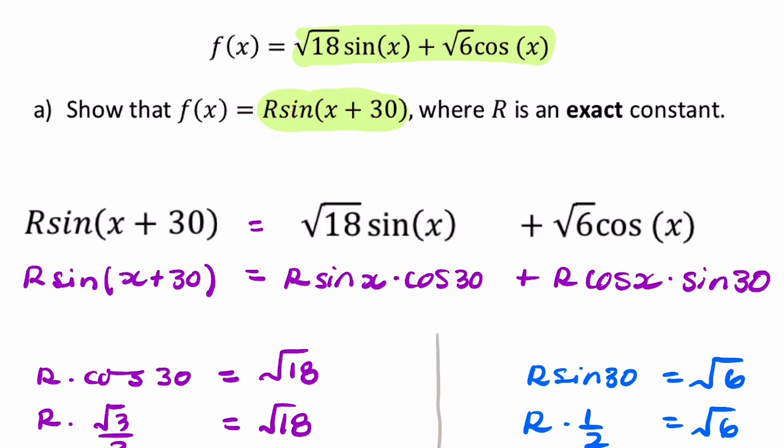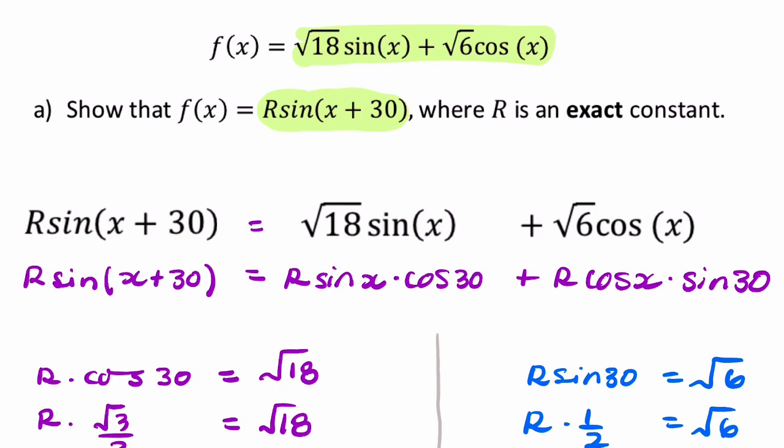So there's several ways of doing it. The long way, which is the safest way, is to write this using the sum formula, so sine A plus B. So sine x plus 30 is sine x cosine 30 plus cosine x sine 30. And then because you've got the R there, you need to write the R there.